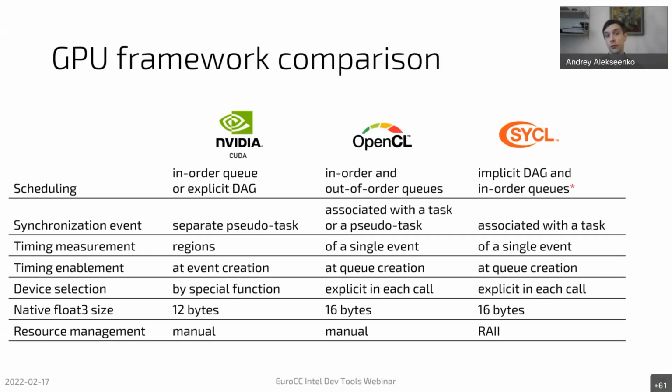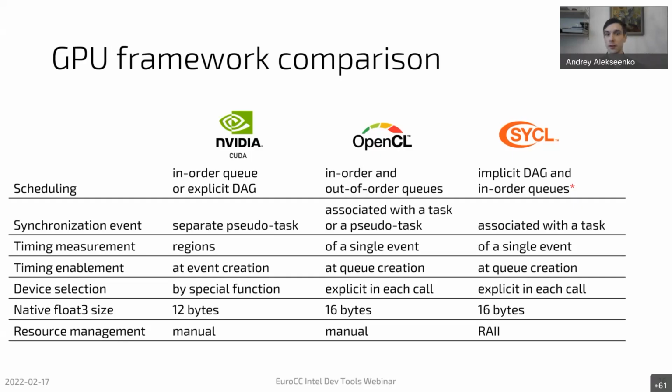Now OpenCL also supports in-order queues. It also supports out-of-order queues, but we were not relying on them in GROMACS. Again, OpenCL for synchronization supports both task-associated events, like we have in SYCL, where you submit work into the queue and you get an event which you can use later to synchronize with the completion of this task.